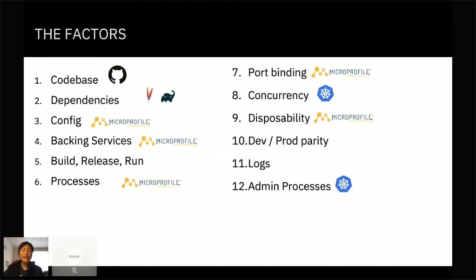So again, this is a quick recap: code base, GitHub, dependencies, Maven, Gradle, configure backend services and processes, and port binding and disposability, MicroProfile. Concurrency, I also demonstrated how you can use replicas to scale up or scale down, and also dev prod parity, logs, build processes, etc. are best practices.